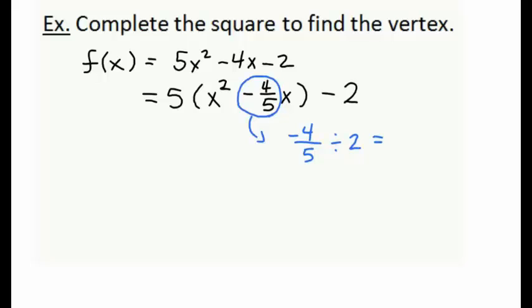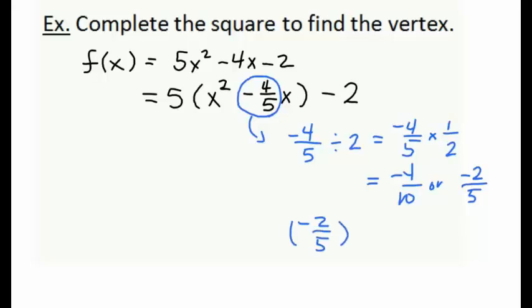So, after division by 2, we're going to get negative 4 over 5 times 1/2, which is the same thing as multiplying by 1/2. And we should get negative 4 over 10, which we're just going to simplify to negative 2 over 5. Remember, we still have to square after our division by 2, so we're going to get negative 2 over 5 squared, and this is the same thing as 4 over 25.